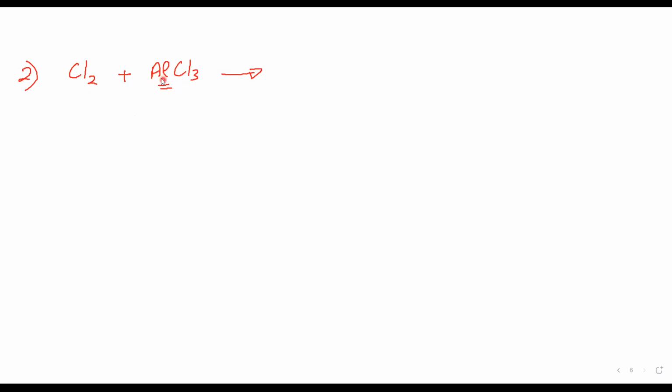So that's why it will take 1 chlorine atom from these 2 chlorines, and it will form the AlCl4 minus plus chlorine positive ion. So this will be the electrophile, and then the benzene will react with the chlorine positive ion.